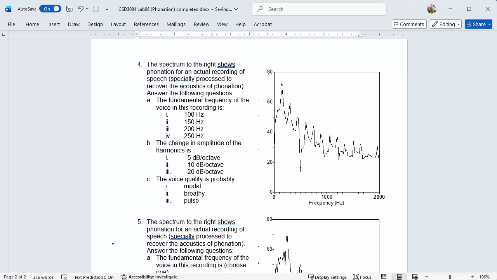So here's my fundamental frequency, F0. My first harmonic is here, second harmonic, third harmonic, fourth harmonic, fifth harmonic, so you can see this isn't quite as perfectly regular, sixth and seventh harmonic.